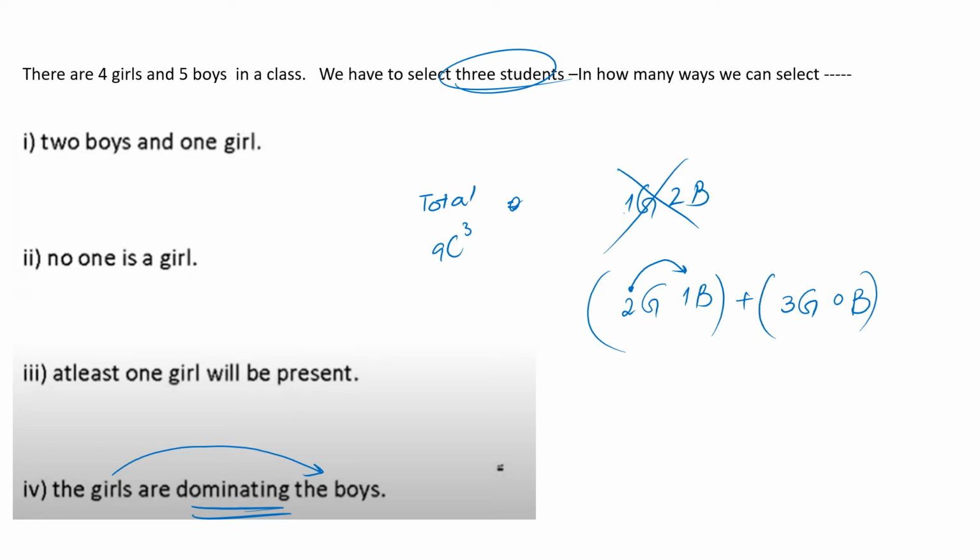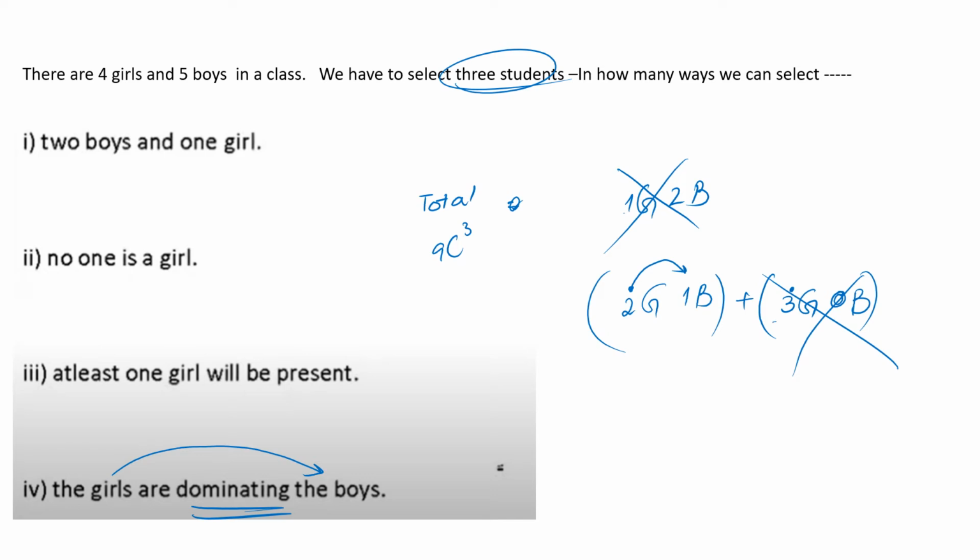This is not the situation. Why? The reason is that there are three girls and no boys. If no boys, then over whom are the girls dominating? The girls are not dominating at all because the girls are standing alone. They are asking you the situation where the number of girls is more than the number of boys.